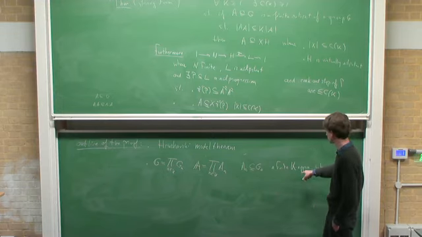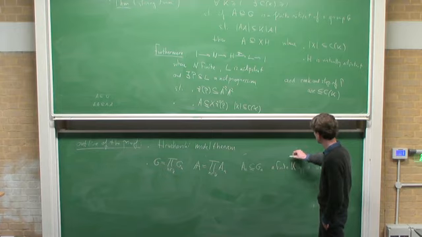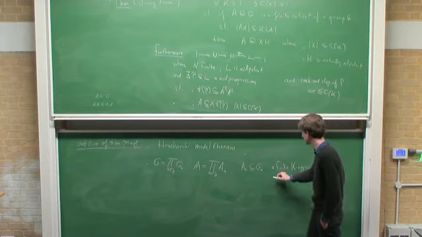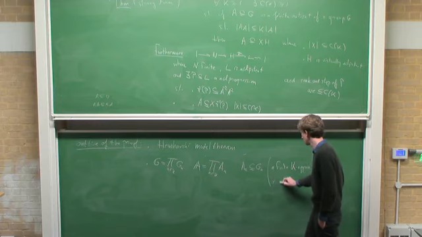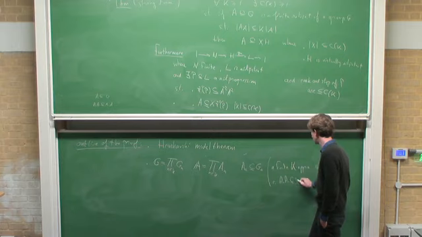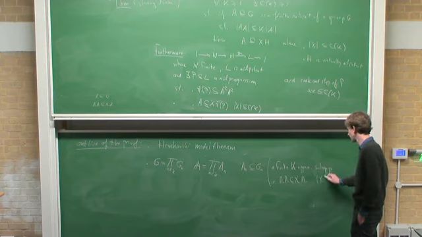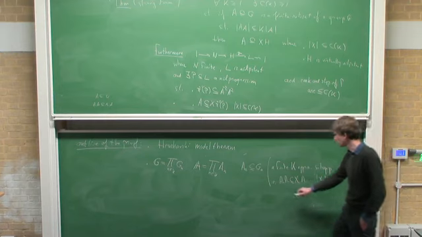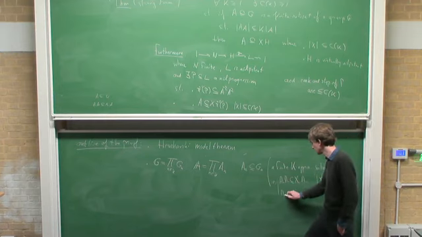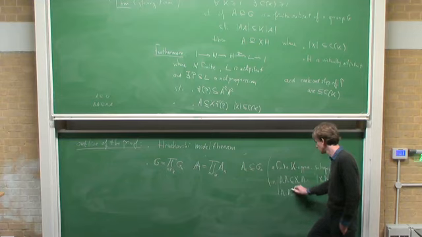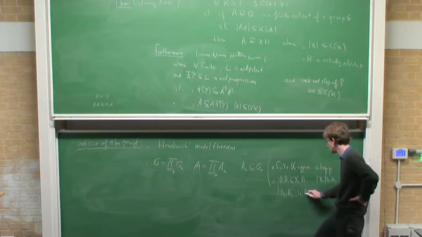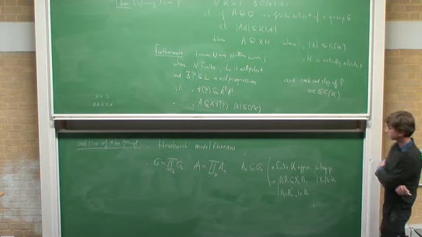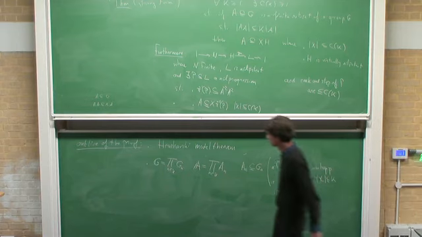so let me remind you that this means A_n can be covered by at most k translates of A_n, and we also have the assumptions that A_n is symmetric and contains the identity. Okay.